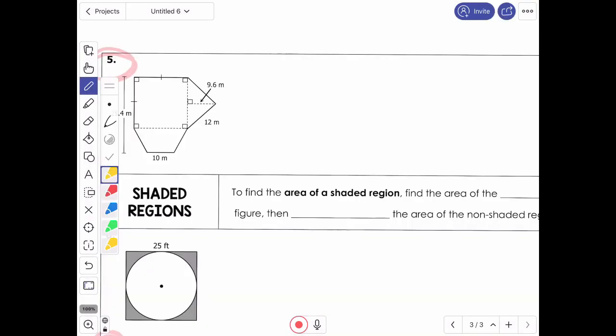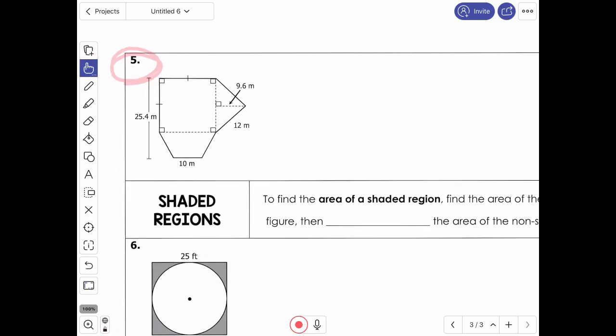Okay, so for number 5, I'm going to first divide up this figure into its regions. So the first one I see is this square. So there's 1. Then I see this triangle, there's 2. And then last I see a trapezoid, 3. So area 1, that's my square. So I can use the square formula of s squared or length times width.